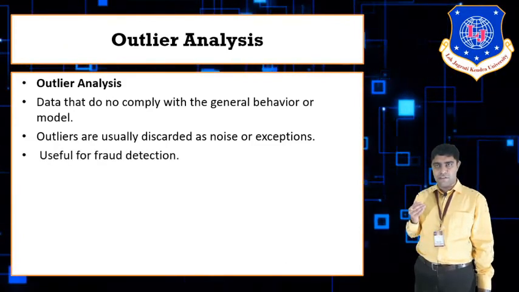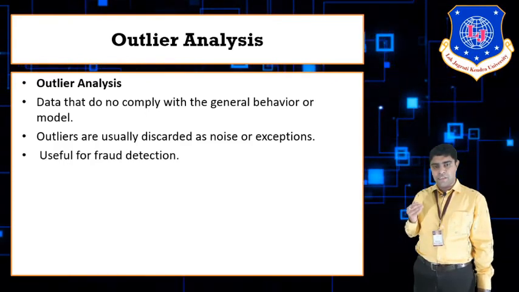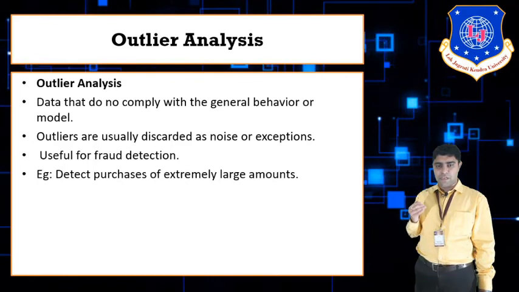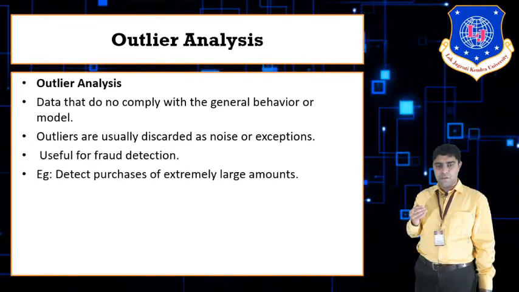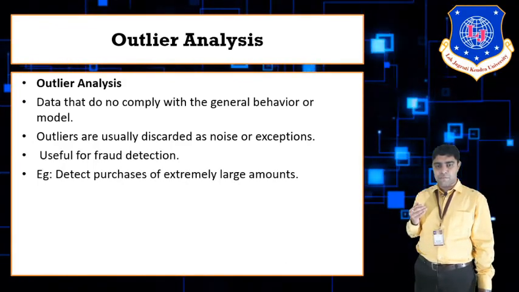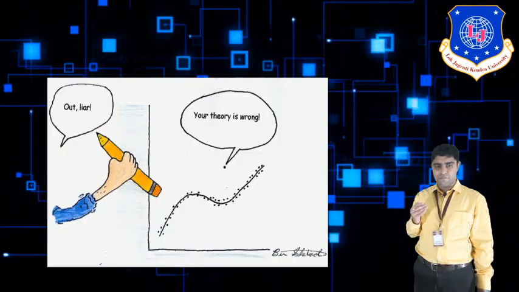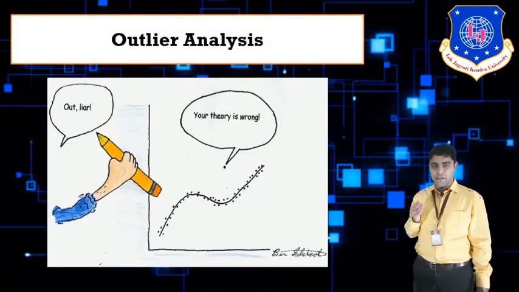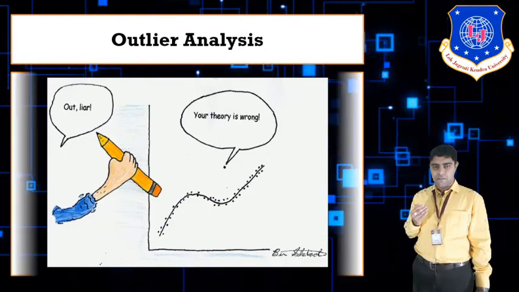Outlier analysis is useful in fraud detection. Example, detect purchases of an extremely large amount. Outlier analysis is shown in the figure, where the outlier is removed from the data.